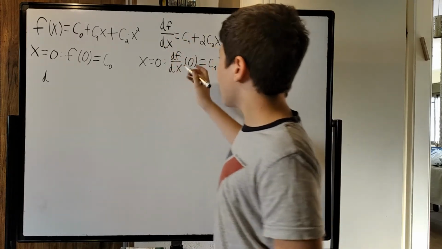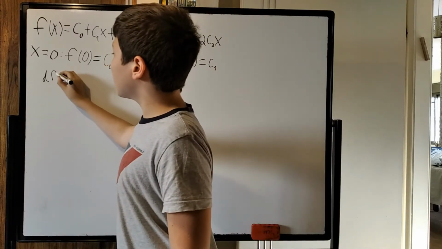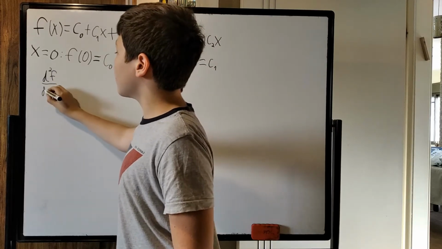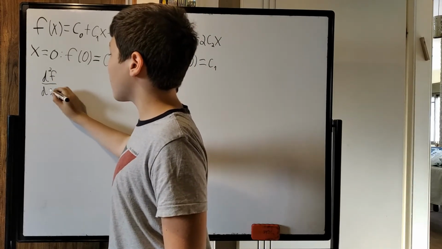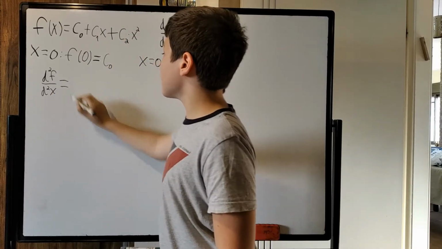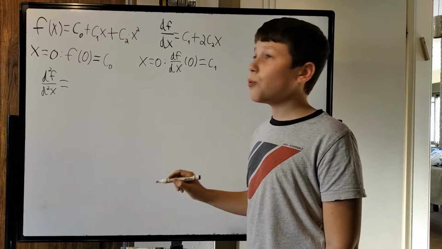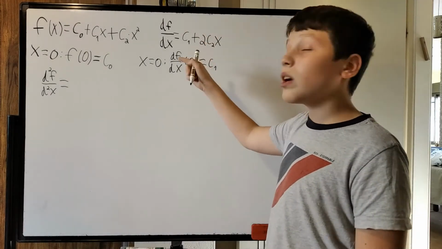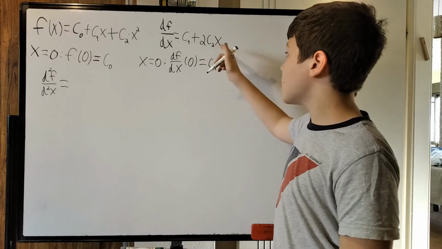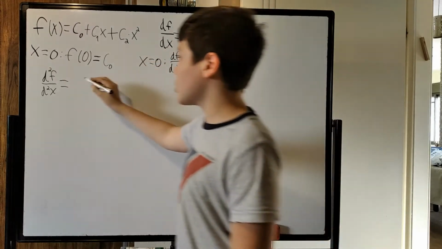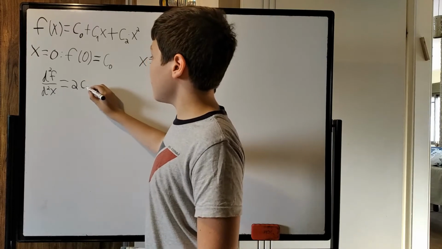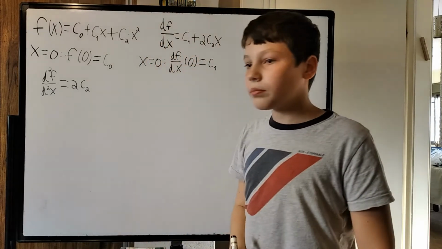So d squared f over dx squared is equal to the derivative of c1, a constant, so 0, plus the derivative of 2c2 times x, which is just the coefficient of x, so 2c2.